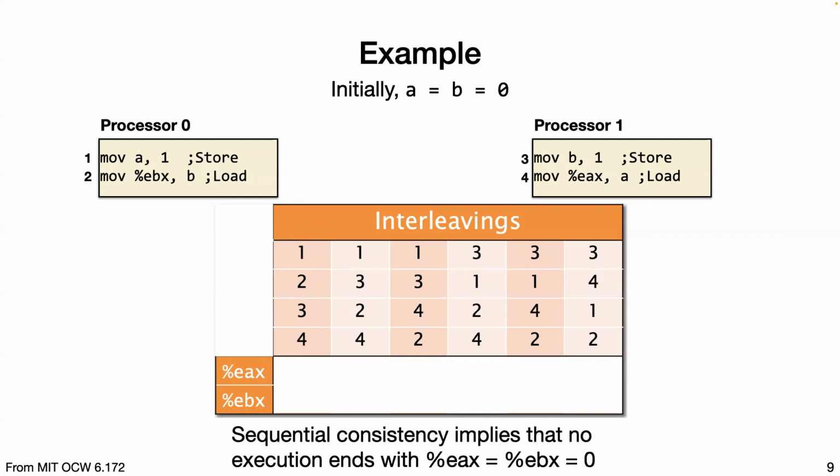P1 and then P0. Yes, good. Because here B was 0, so EBX got 0, and then I think A was 1 at that time. But there are many possible interleavings. So what happens if we got this one? So that's 1, we put 1 into A, and then we put 1 into B. Yes.